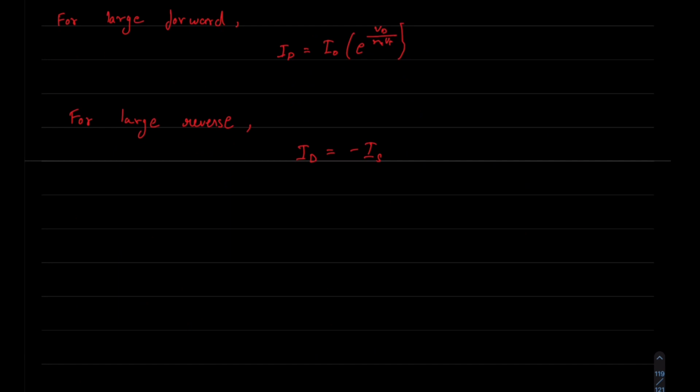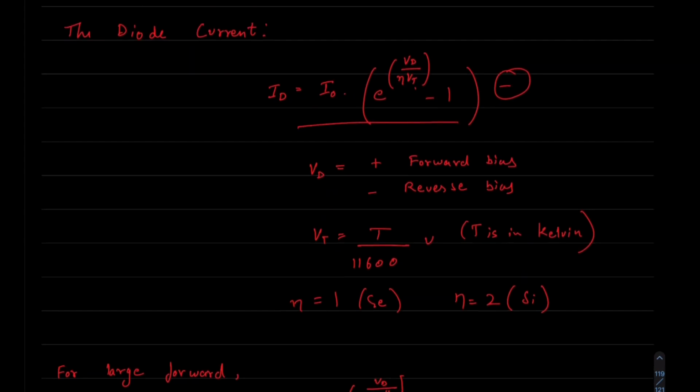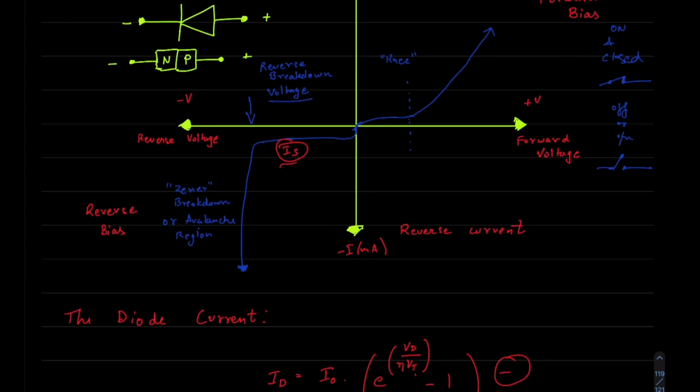So the reverse saturation current is a temperature dependent parameter, by the way. It doubles every 10 degrees Celsius rise in temperature. Okay. So this reverse current is due to the minority charge carriers.